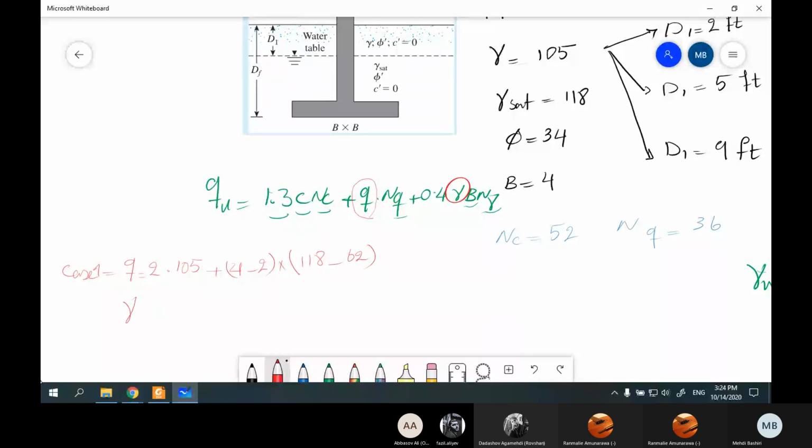What about gamma for case 1? Gamma is equal to 118 minus 62, which is gamma saturate minus gamma water. This one is equal to D1 dot gamma plus Df minus D1 dot gamma prime, or gamma saturate minus gamma water.